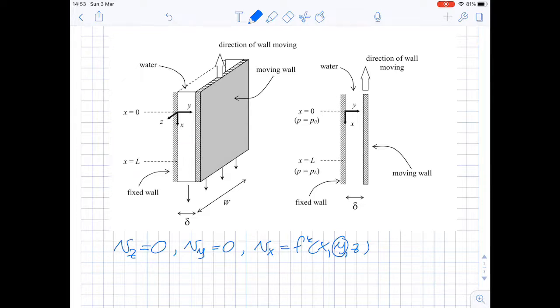On the other hand, as we discussed, we neglect the acceleration, so we neglect function of x over here. For the z direction, since we neglect the end effects on both ends, Vx is not a function of z.